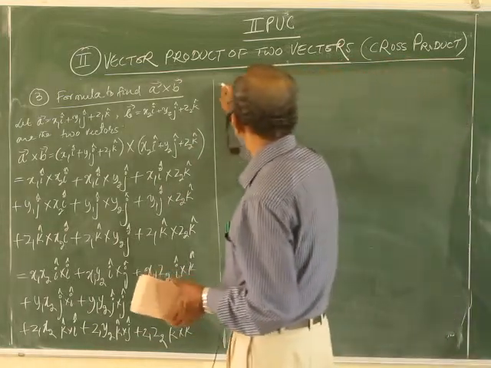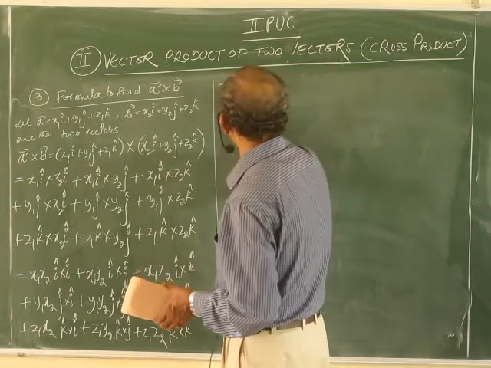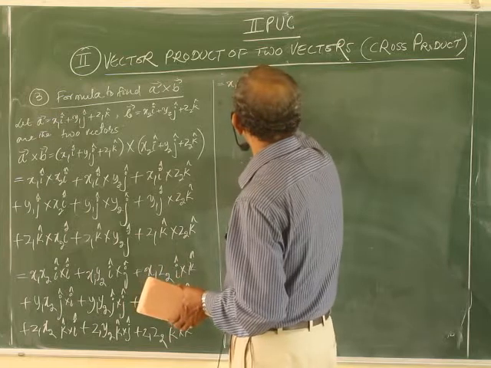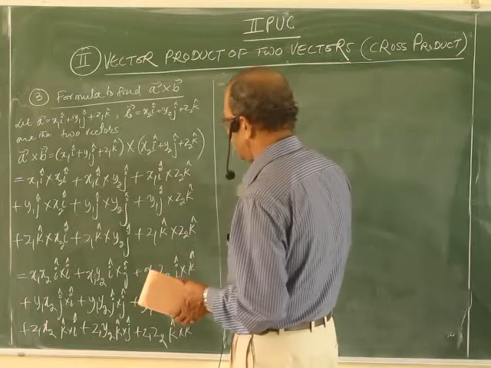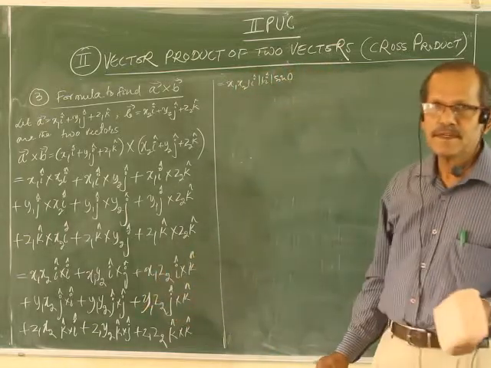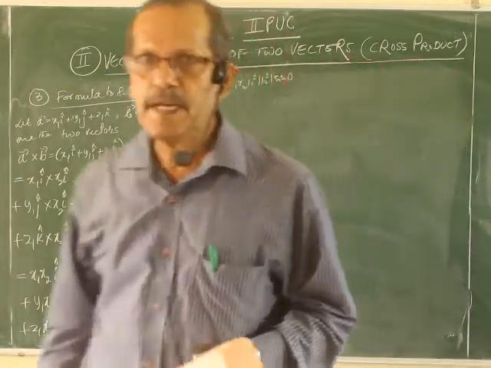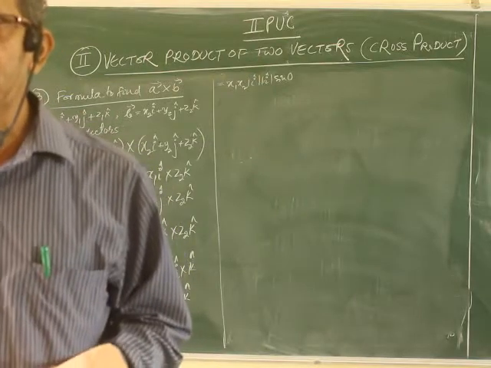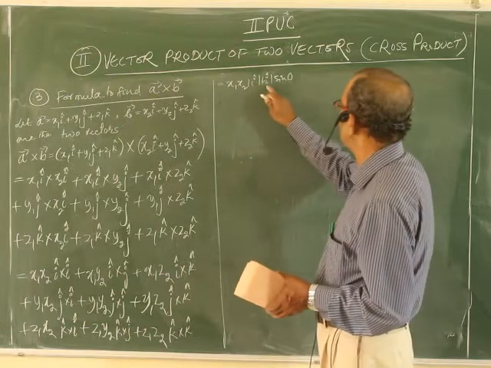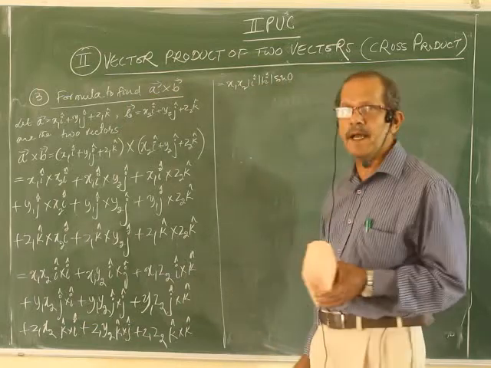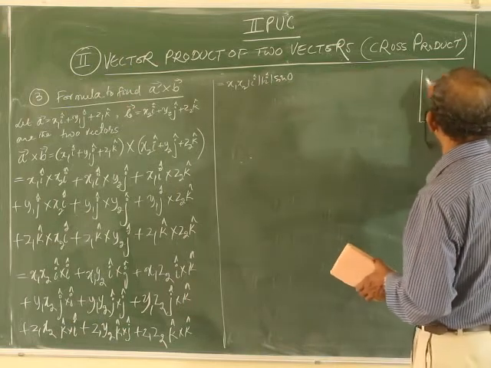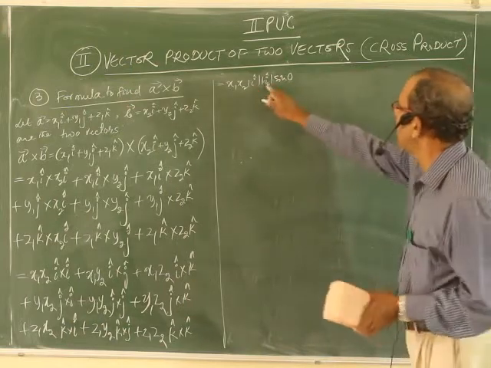Equal to x1 x2 mod i into mod i into sine of the angle between i and i. A cross B is mod A, mod B sine theta into n cap. Remember, you have written mod A, mod B sine theta over. What about n cap? Vector perpendicular to both i and i.